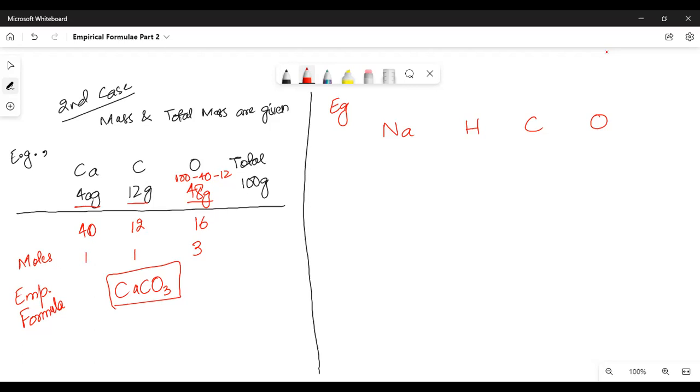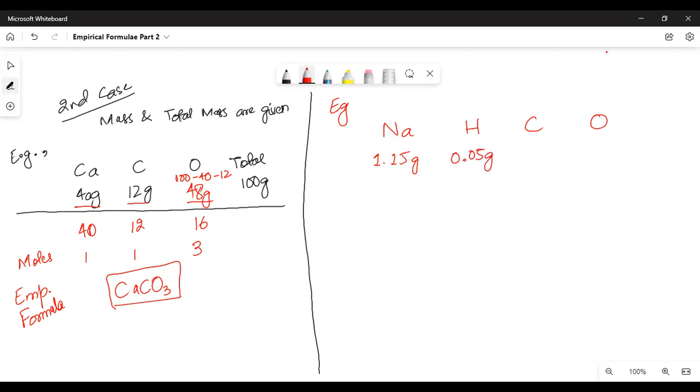It seems difficult because I not just wrote 2 or 3 elements, I actually wrote 4 elements, but it's going to wind up easy. So that's 1.15 grams for sodium.